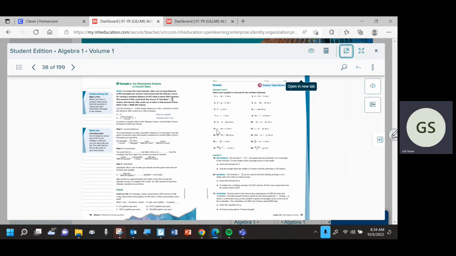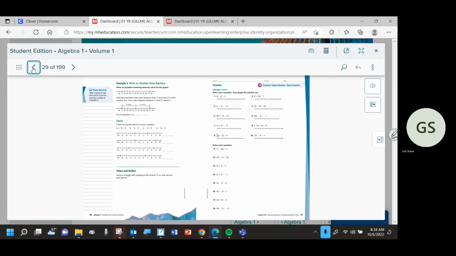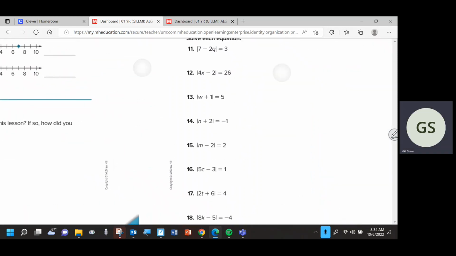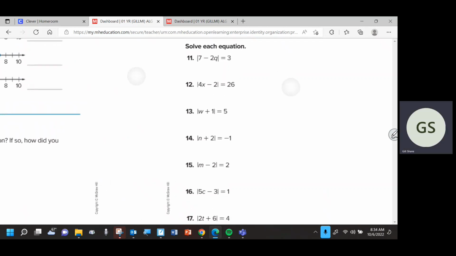Let's see. So that's page 37. So there are more problems in this, but I'm not super worried about you doing a ton of them. Don't worry about this one.